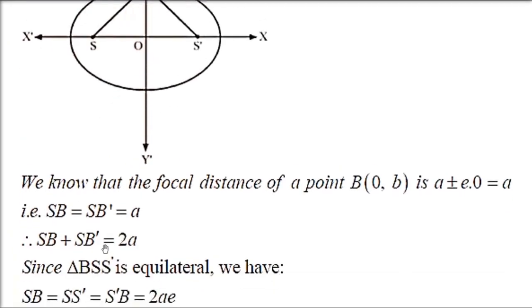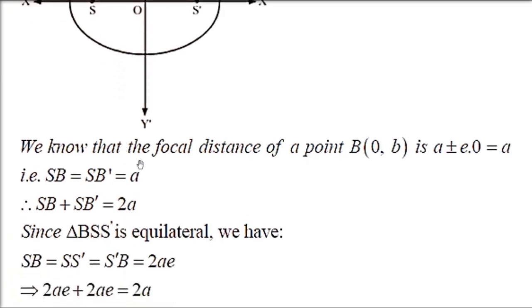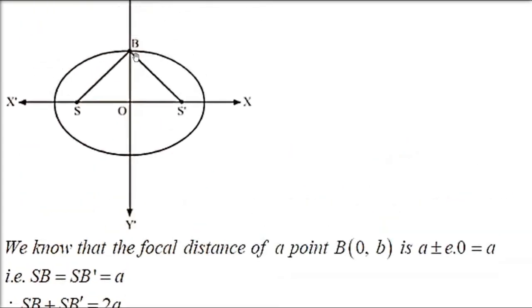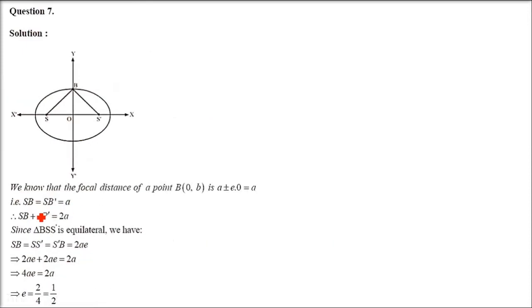So SB plus S dash B equals 2a. Now this triangle is an equilateral triangle. That is, BS will be equal to BS dash equals SS dash. All these three are going to be equal.